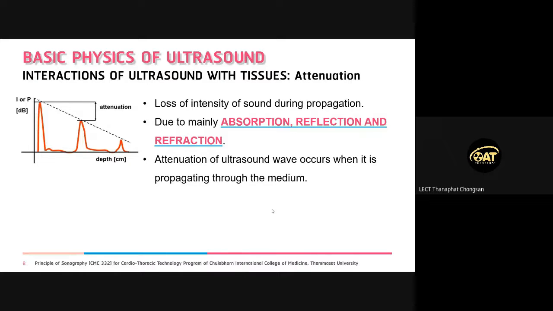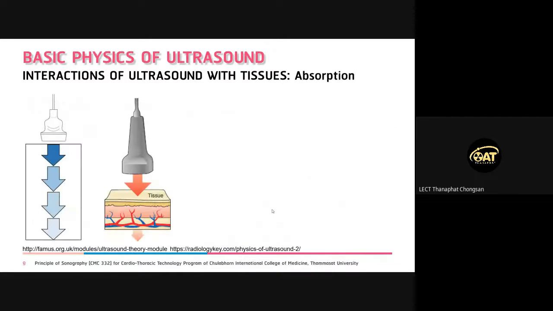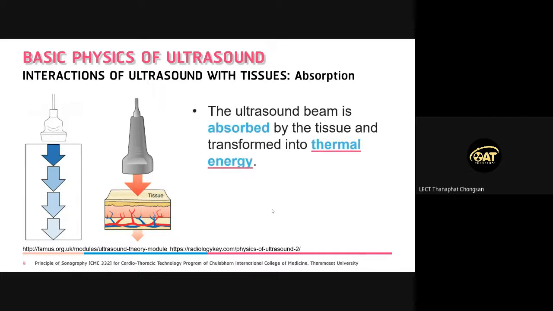The sound wave will be absorbed at around 1 decibel per centimeter per megahertz. Absorption is the main effect by tissue, where matter absorbs sound intensity and converts it to thermal energy.